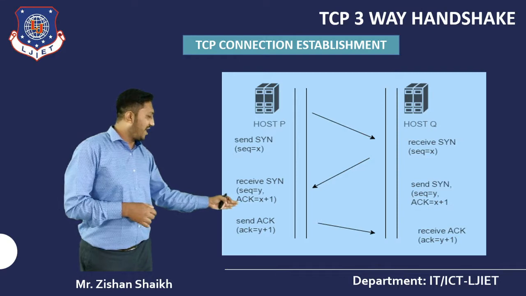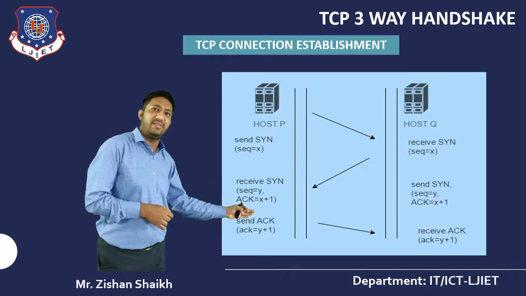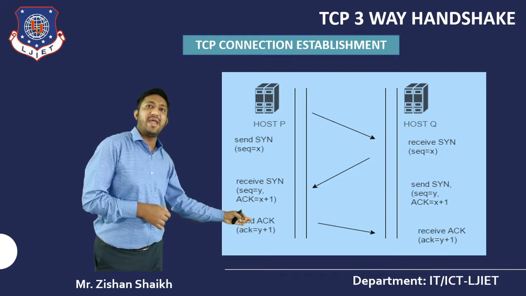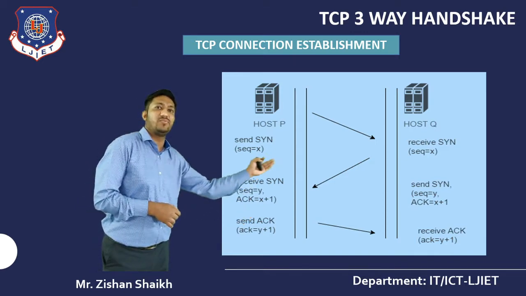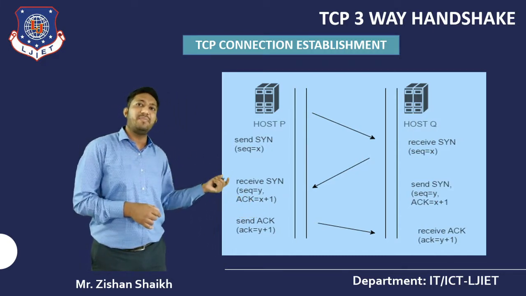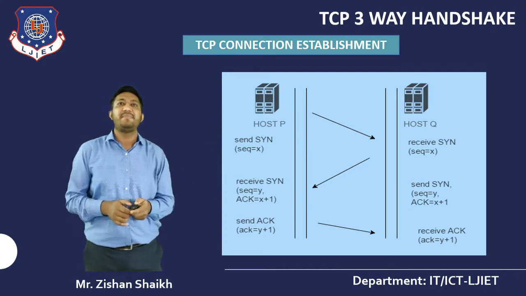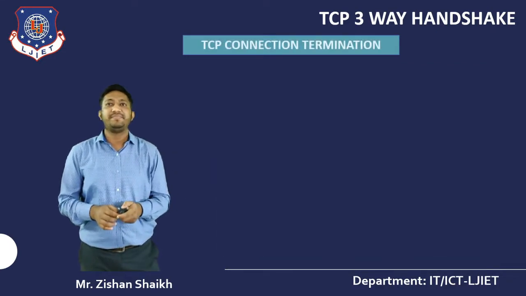When the client successfully receives this message, in response it sends the acknowledgement, telling that I have successfully received the acknowledgement, along with the next frame that it wants to send. So this is the basic step of how the TCP connection is established.